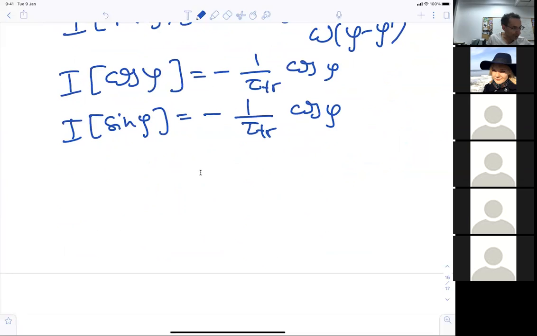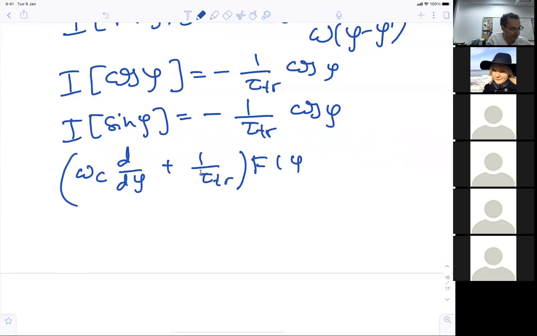So in the linear space of functions that are either cosine or sine phi, the equation reads omega c d over d phi plus 1 over tau transport acting on the function f of phi is equal to minus v cosine phi, with the charge absent according to my notes.